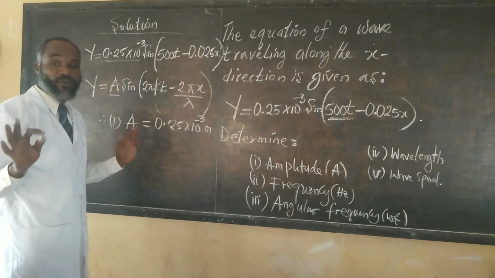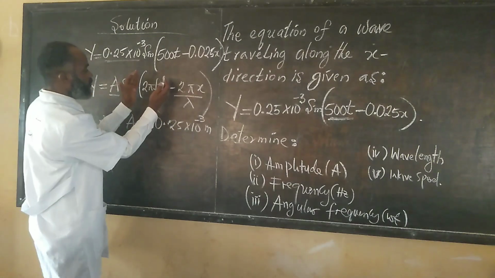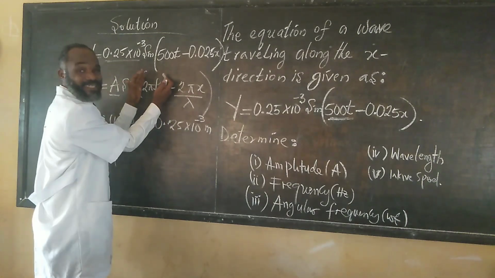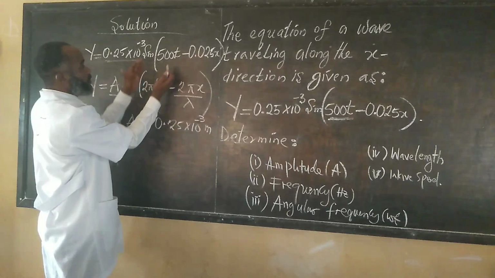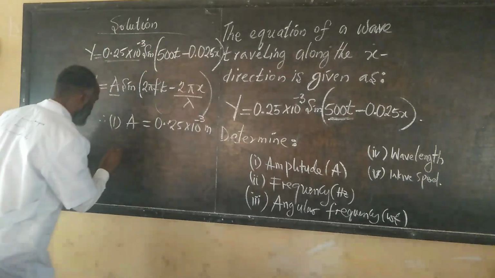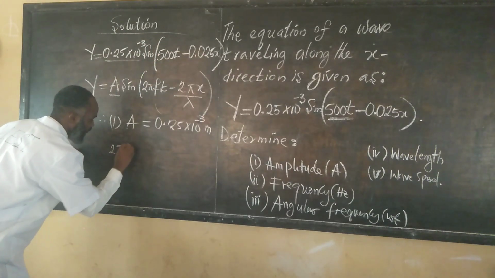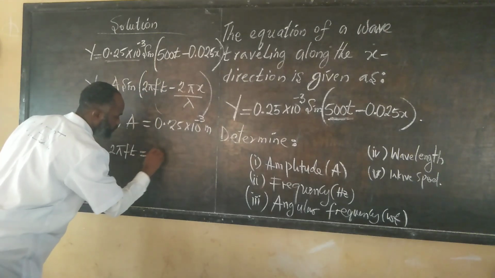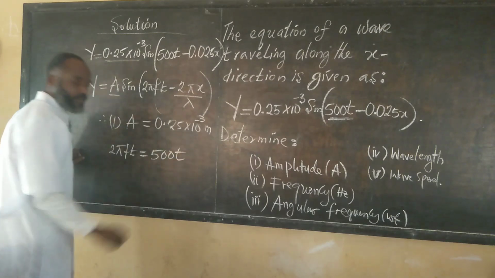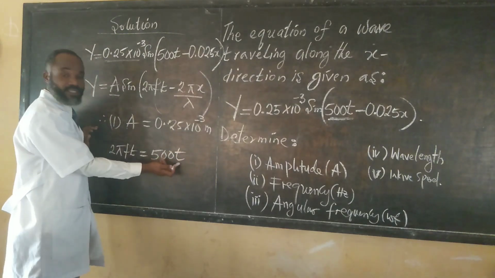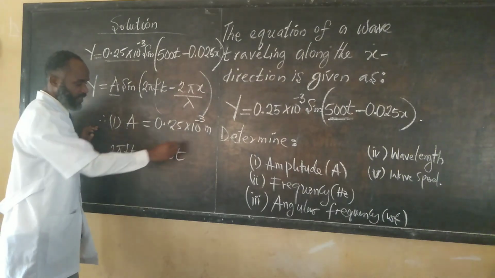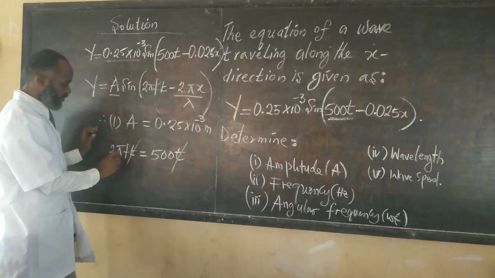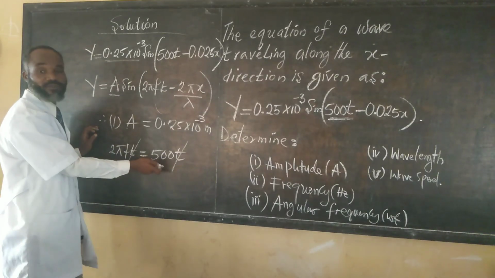The next one is frequency. How do we find frequency? It's very simple. This is the part that contains the frequency, and then we're going to compare with this. So we bring it out: 2 pi ft is equal to 500t. You can see there is t here and there's also t there. We cancel out, and we're left with just 2 pi f equals 500.